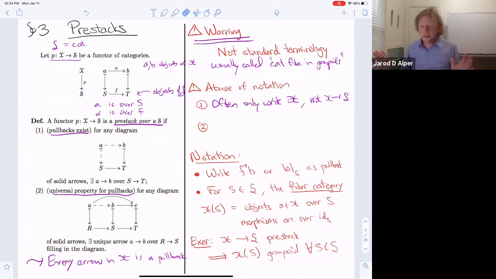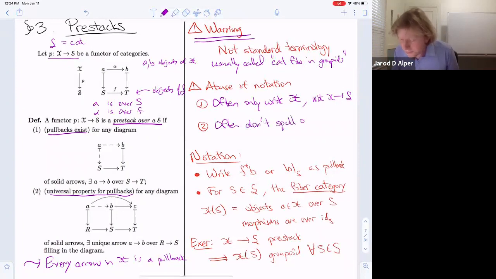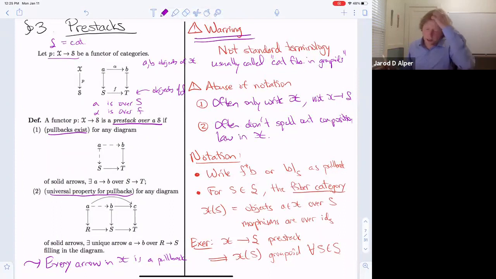It's usually completely clear what the projection functor p is, but we just drop it from the notation. And when defining prestacks, we often don't spell out the composition law, even though that's an important part of the data. But in all the examples I'll give, or in this course, it's transparent what the composition in the category should be.